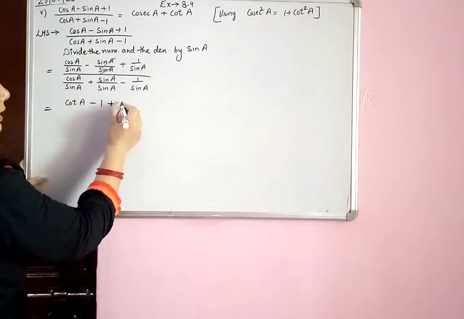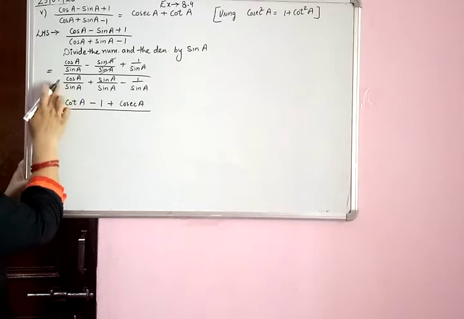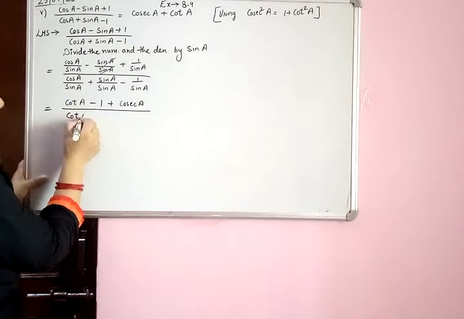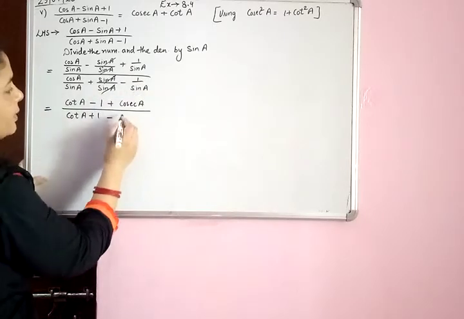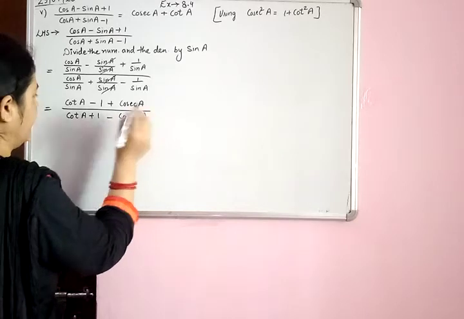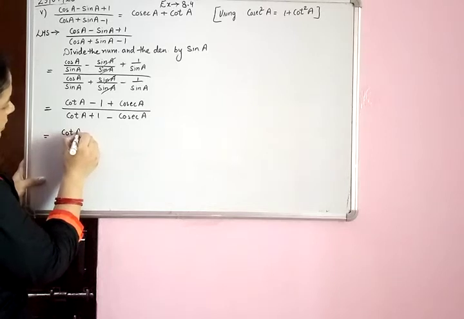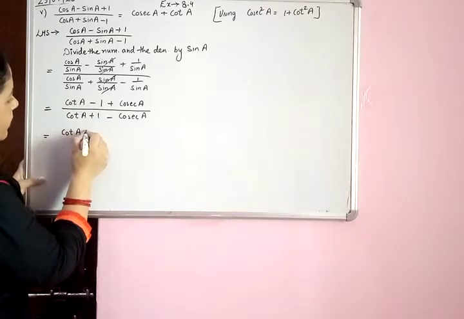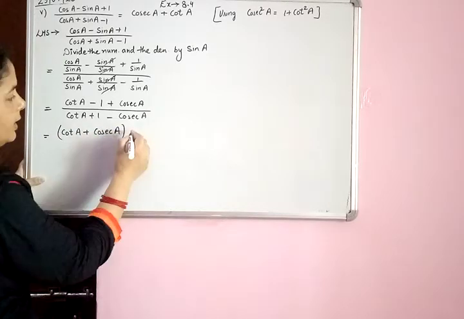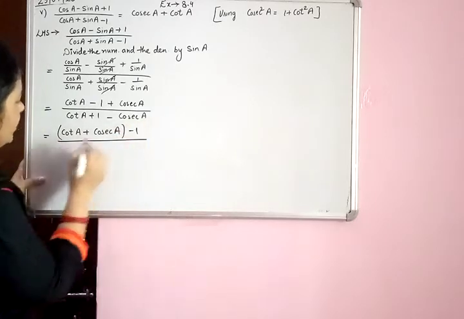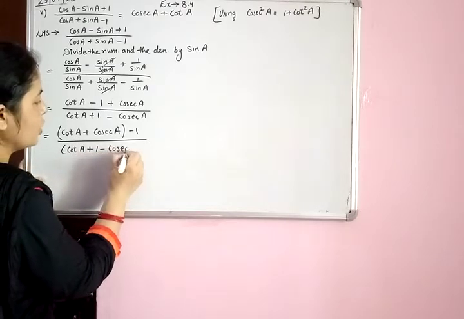Plus 1 upon sin A is cosec A. Similarly, in the denominator, cos A upon sin A is cot A, sin A cancel so plus 1, minus 1 upon sin A is cosec A. So in the numerator I keep these two terms together, cot A and cosec A, and separate the minus 1. In the denominator I keep the same, cot A plus 1 minus cosec A.